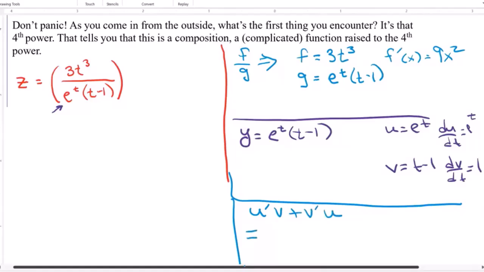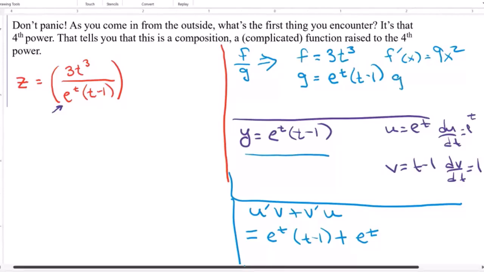The derivative of u is e to the t times v, t minus 1, plus the derivative of v, that's 1, times u, e to the t. So now I found the derivative of this.